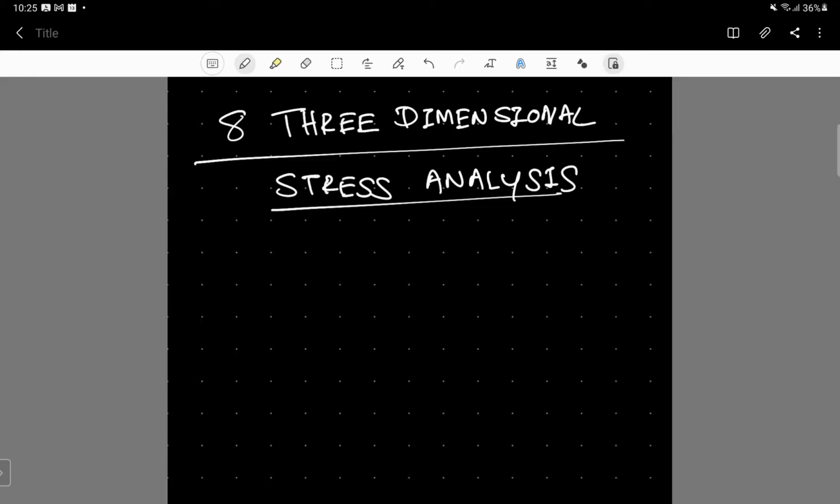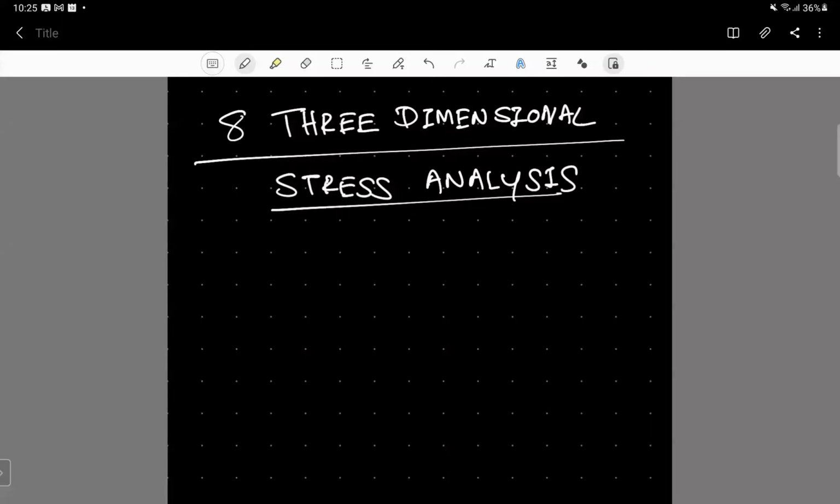Before we move on to deriving the stiffness matrix for the three-dimensional tetrahedron element, let's recap the important aspects with respect to a three-dimensional element, especially in the case of the Cartesian coordinate system.